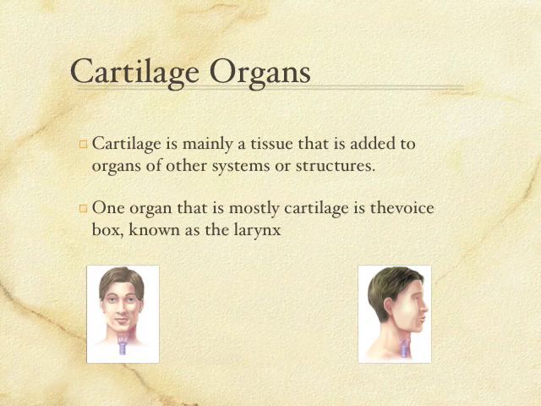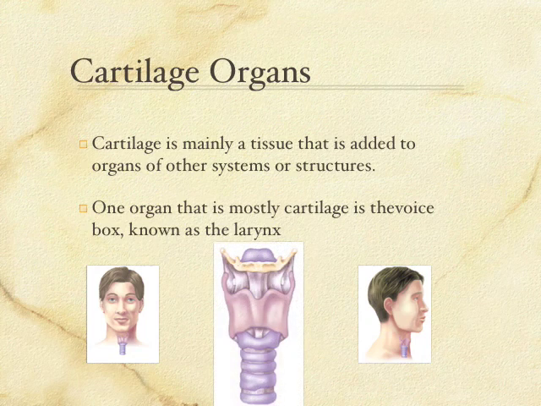The one example that you'd have here would be the voice box, what's called your larynx, right here, just at the opening of the tube that leads down into your lungs. You have a structure here that's made out of 6 cartilages. And so almost the entire structure, there's some connective tissues in there. There's a bone that sits above it that helps it, but is not really a part of it. But this would be the one organ that you could say is mostly cartilage, a cartilaginous organ.